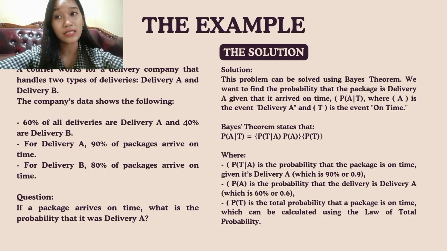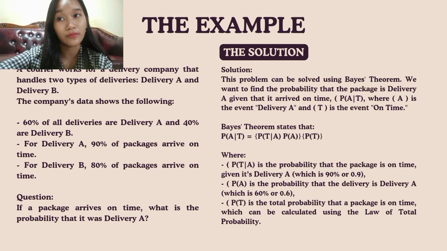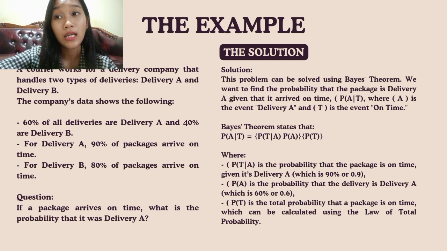And next, we move to the example. The question is: a courier works for a delivery company that handles two types of deliveries, delivery A and delivery B. The company's data shows the following: 60% of all deliveries are delivery A and 40% are delivery B. For delivery A, 90% of packages arrive on time, and for delivery B, 80% of packages arrive on time.